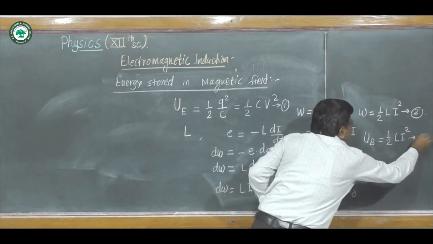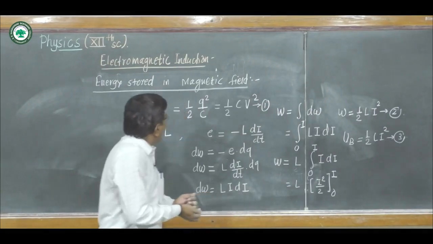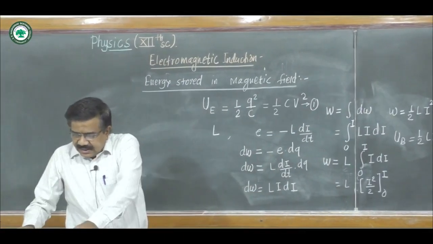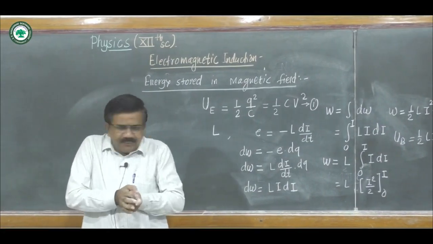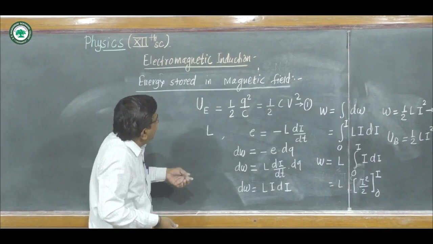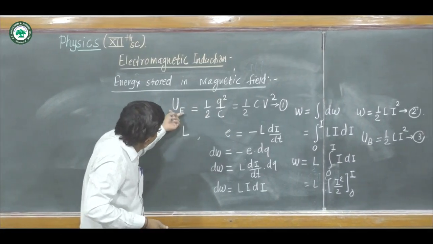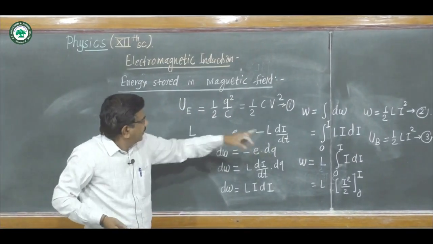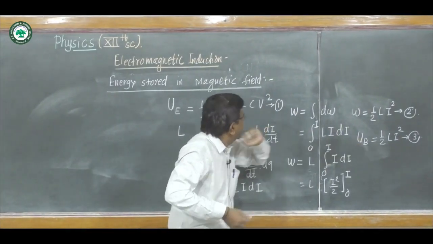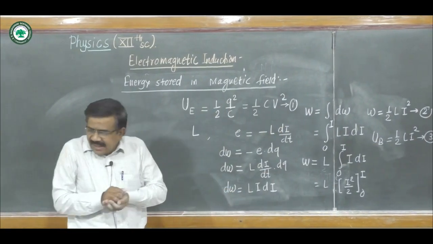That is equation 3. If we compare equations 1 and 3, energy stored in a magnetic field UB is analogous to energy stored in an electric field UE. This is 1/2 CV square, and here there is 1/2 L I square.